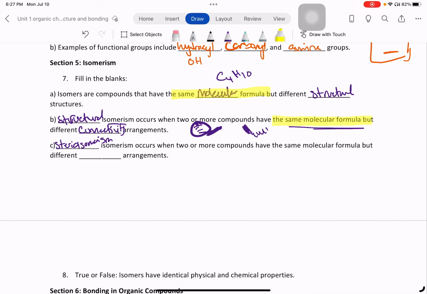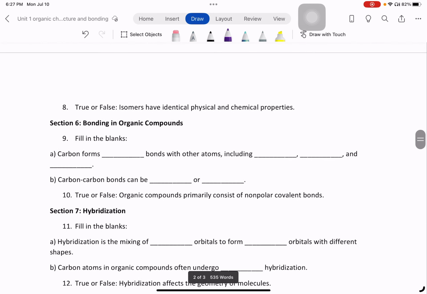Here we have the same molecular formula, but different spatial arrangements.